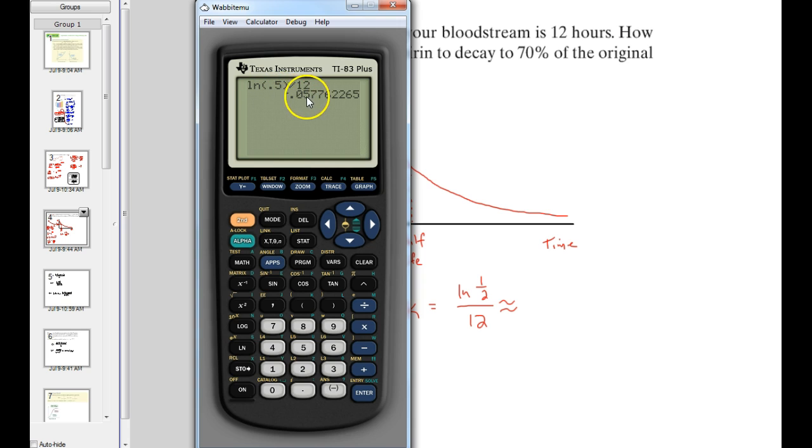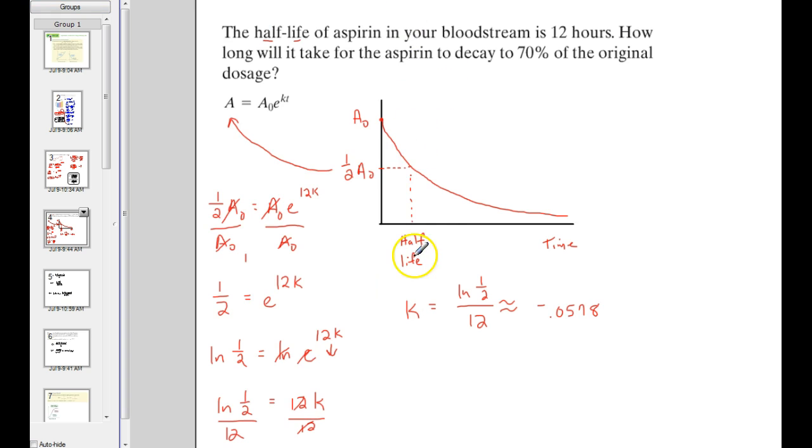But remember what we're doing with this. We're taking this k and plugging it back into the original. So we end up with A equals A0 e to the negative 0.0578t. So that's the first part of this.